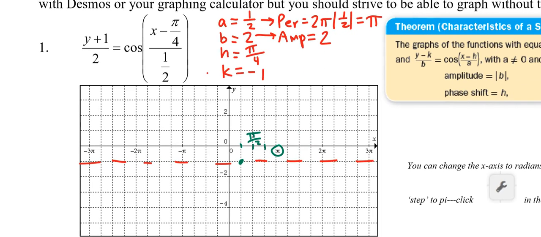Now, it's a cosine wave. You got all the rest of the information. Graph it. Show me what you got. Okay.